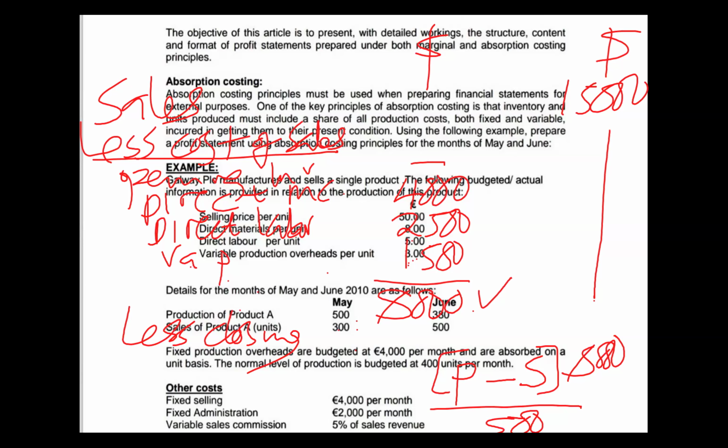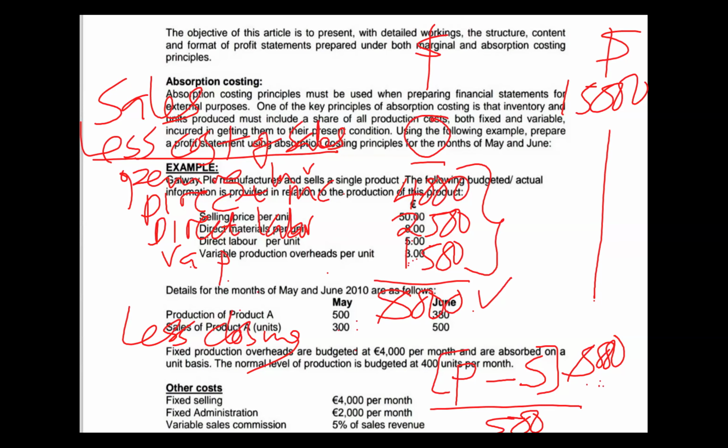Take the difference, then multiply by the variable cost of production. The variable cost of production is made up of these three in this case. You don't have to include the opening inventory when determining the closing inventory.